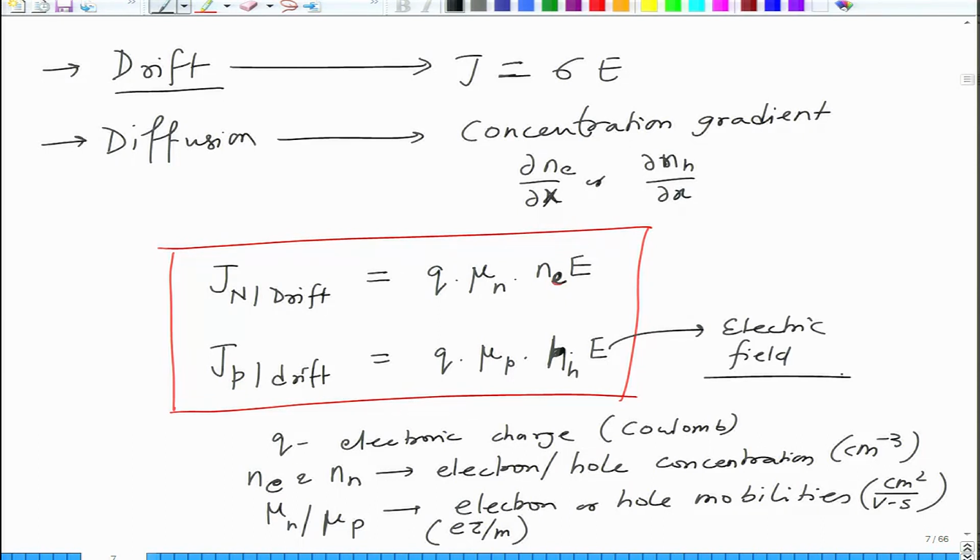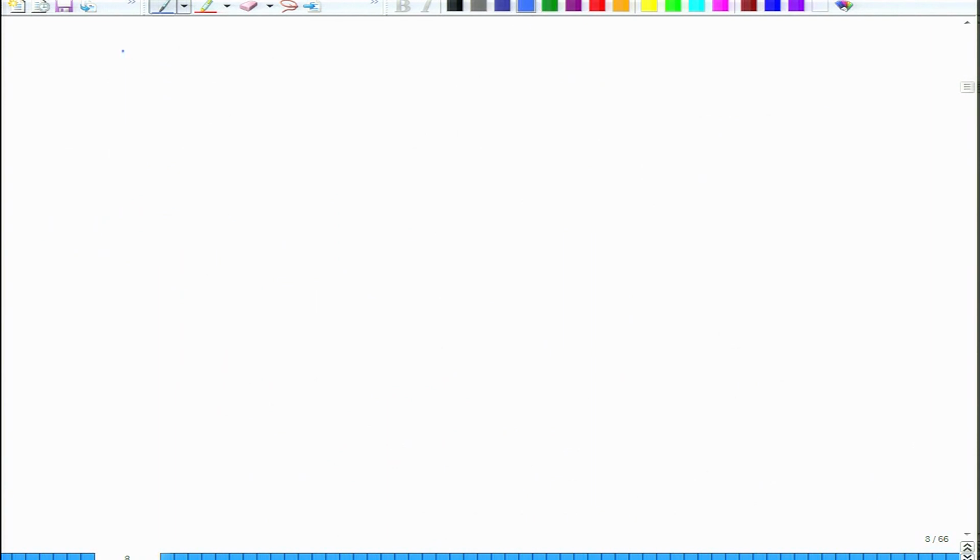So the drift current is basically nothing but Ohm's law. Now, an important parameter in semiconductors is mobility.